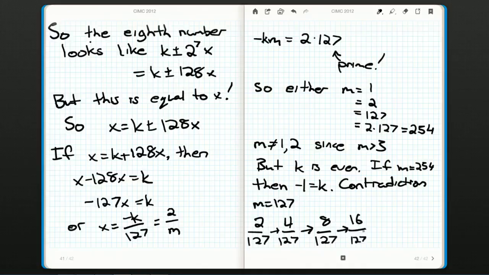So that's 1, 2, 3, 4. We have 4 more to do. 32 over 127. 64 over 127. And now we're over the halfway point. So we're at 6. So we'll have 2 more to do.